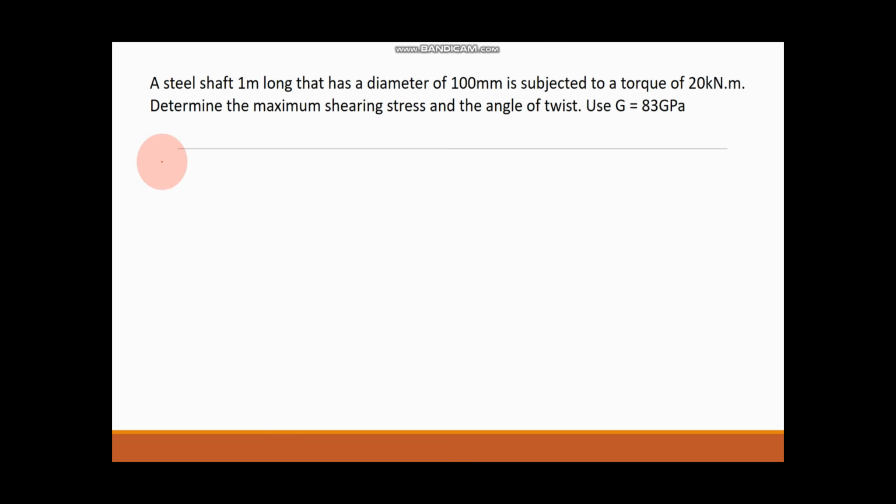So the diameter is 100 millimeter. The torque is 20 kilonewton meter. So we will determine the maximum shearing stress and the angle of twist if our shear modulus is equal to 83 gigapascal.